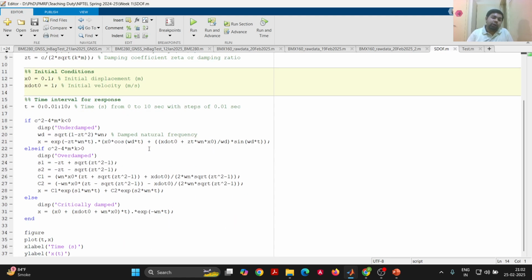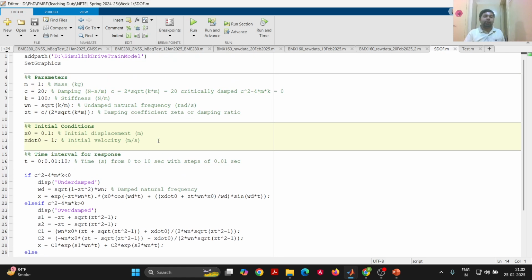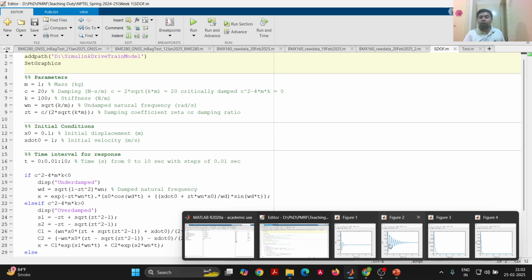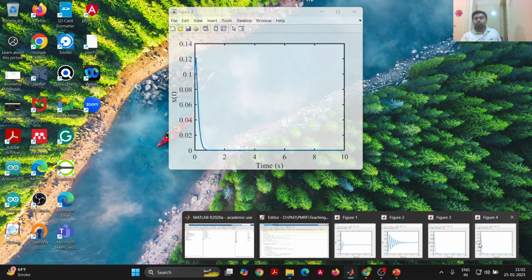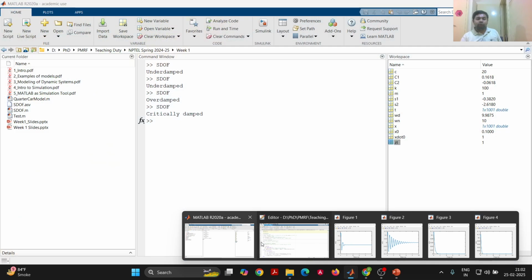Okay. So you can create a code like this to explain these concepts to students also. It will be nice. You can also further improve these plots as per our requirement.